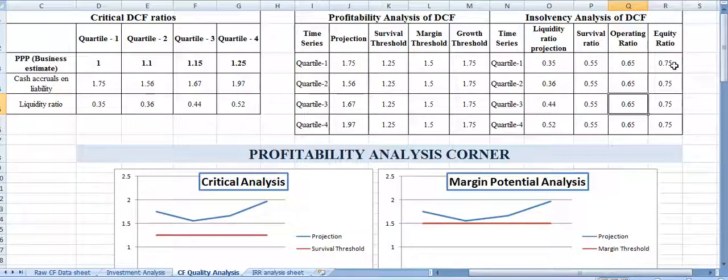There is a cushion available, and so you can operate reasonably with reasonable comfort. And when we look at the equity ratio, it is a phase where you are generating enough cash and enough liquidity in the system, in the fund flow ecosystem, to not only service your liabilities, but more importantly, generate a kind of a reserve fund for contingency and for growth and expansion in activities within the given time period and in the time series.